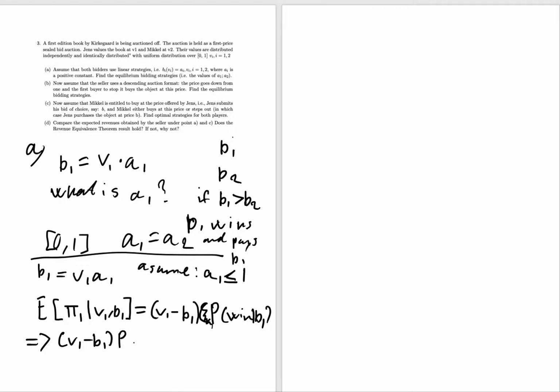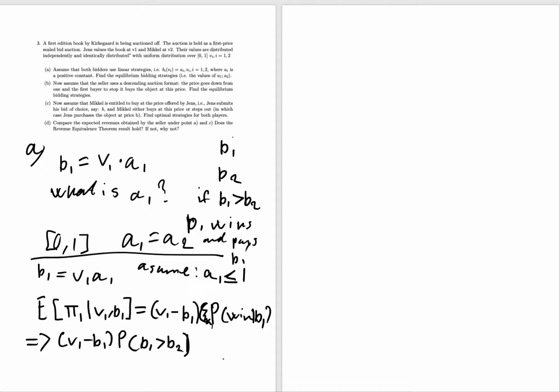So the chance of winning is the chance that bid 1 is bigger than bid 2, and we actually don't need this conditional right now because it's already incorporated in that we have bid 1 right here. So we can just go ahead and do this.